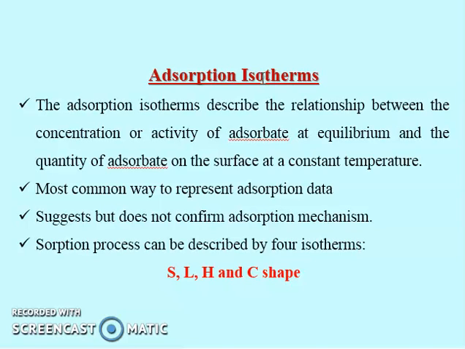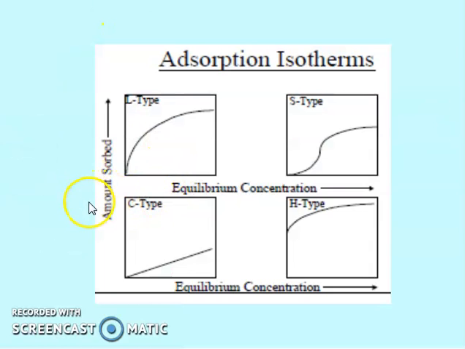The adsorption process can be described by its shape. When you plot the concentration at equilibrium on the x-axis and the quantity adsorbed on the y-axis, you will obtain different shapes according to the relation between adsorbent and adsorbate. Again, adsorbent means the solid substance which adsorbs material.